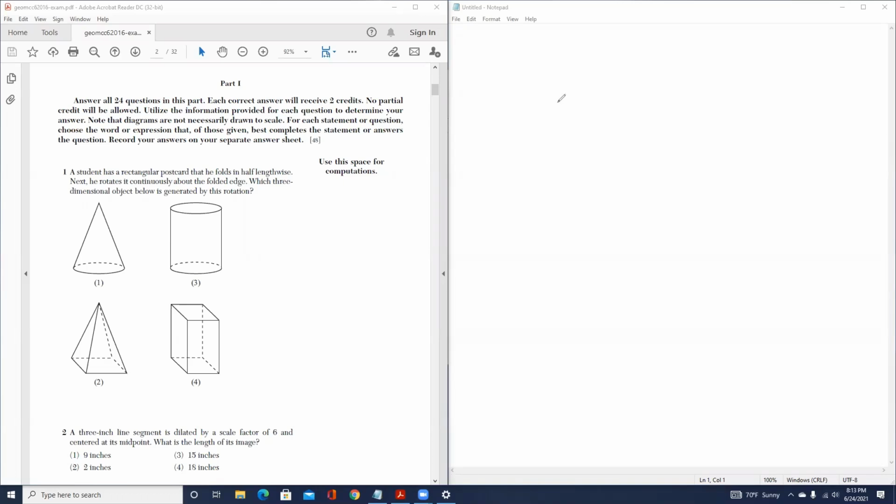Just imagine physically folding a postcard on its long end, and you'll get something that looks like this. Now, if you rotate this about the folded edge, that means rotating it like this.